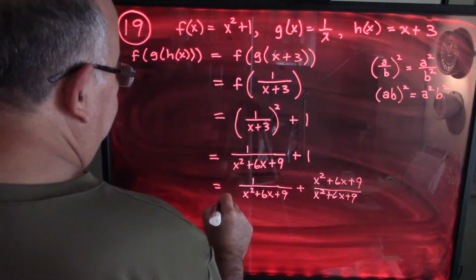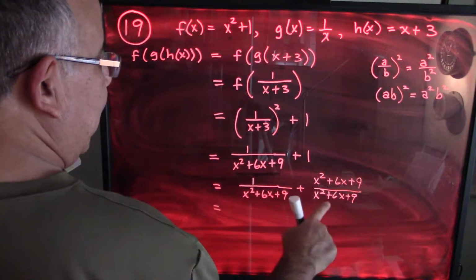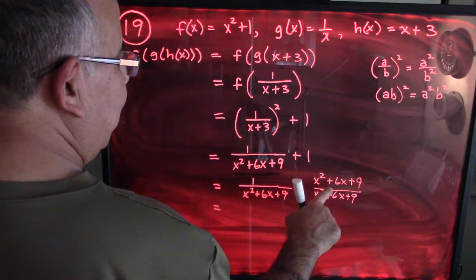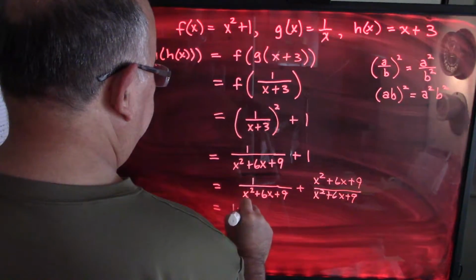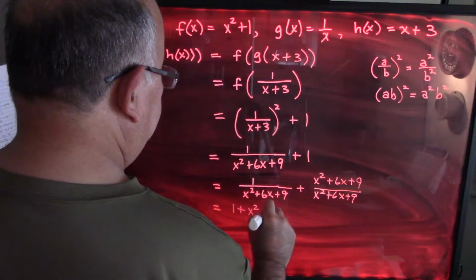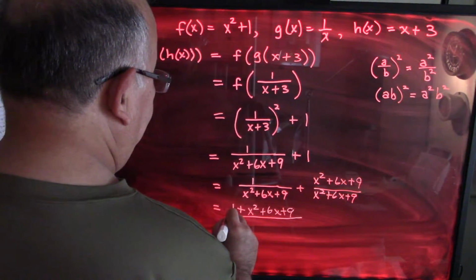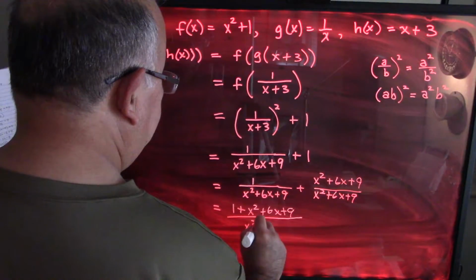Now they both have the same denominator, so all you have to do is add the numerators. You've got 1 plus x squared plus 6x plus 9, all over the common denominator.